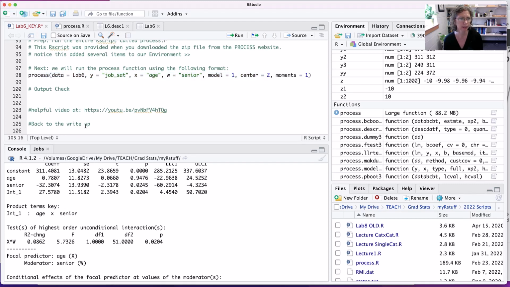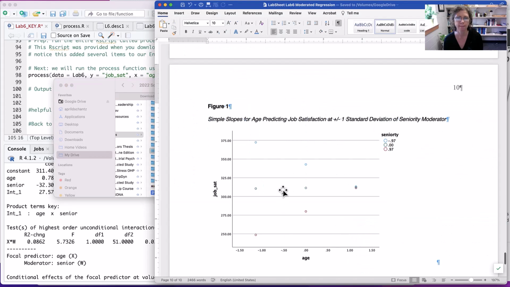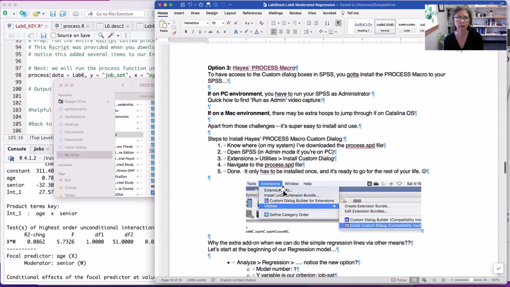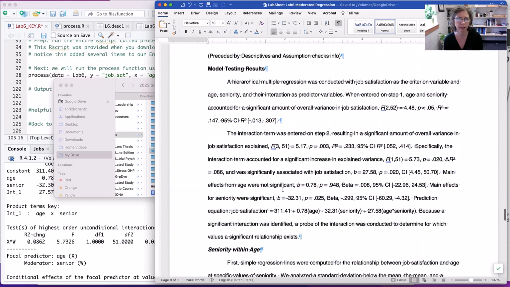All right, so let's go back to the write-up and see what we need to do to finish off here. So here's the example write-up at the end of the lab sheet for SPSS, that what we ran, a hierarchical multiple regression or a partial F-test to find out about the interaction term.